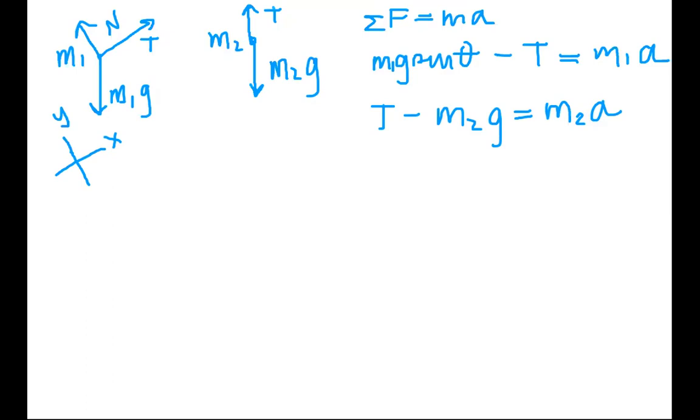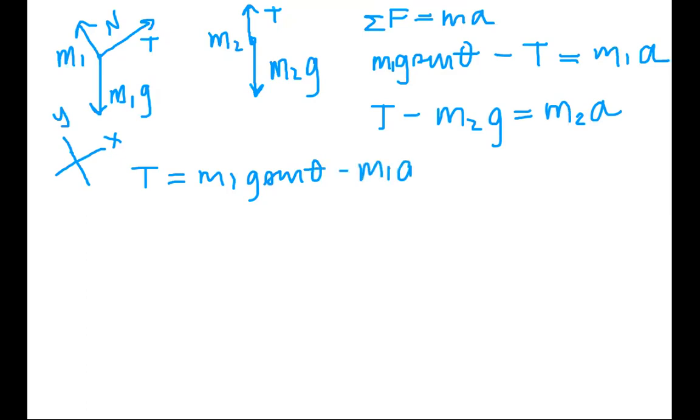So if I rearrange that first equation to solve for t, I get t is equal to m1g sine theta minus m1a.